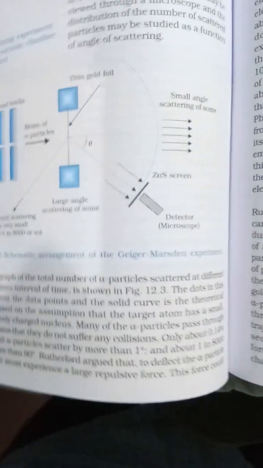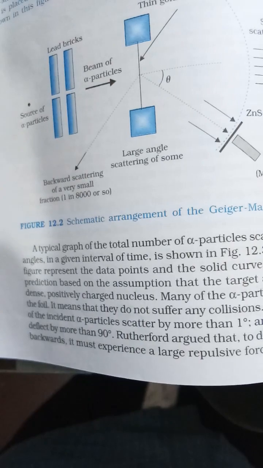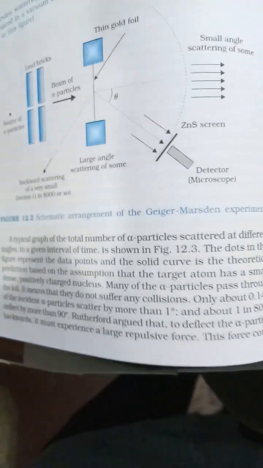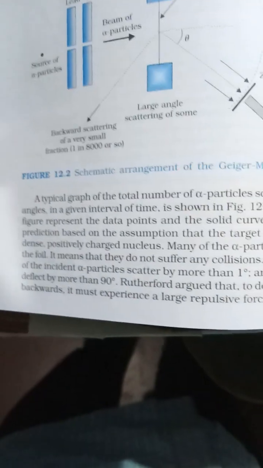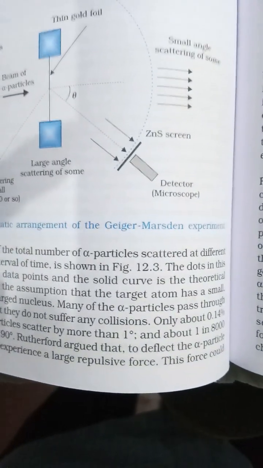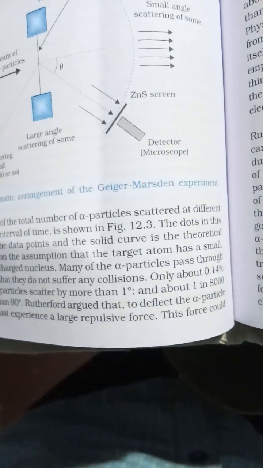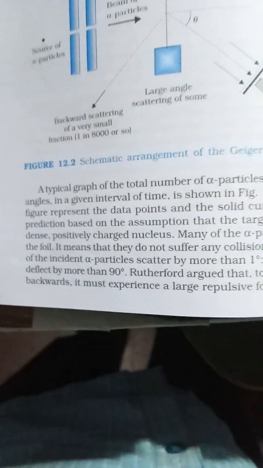Here you will see the particles scattered at different angles in a given interval of time, shown in figure 12.3. The dots in this figure represent the data points and the solid curve is the theoretical prediction based on the assumption that the target atom has a small, dense, positively charged nucleus.